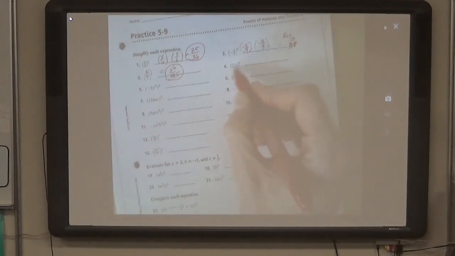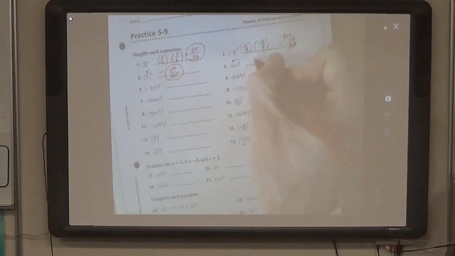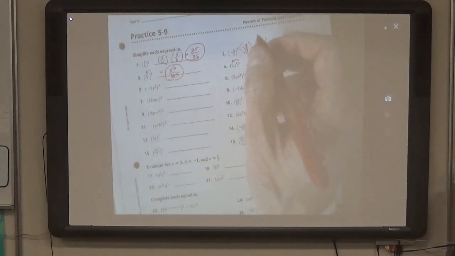Number 4. 2 to the 3rd power times x to the 3rd power. What's 2 to the 3rd power? 2 times 2 times 2 is 8. And if there's not an exponent next to the x, then it's automatically a 1, isn't it?